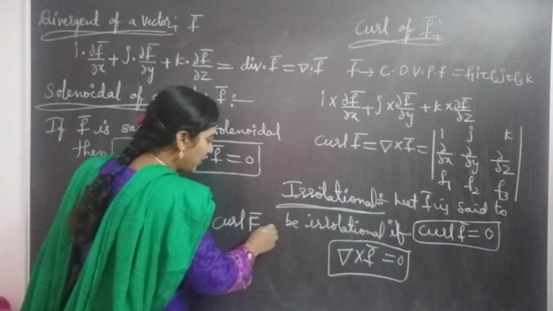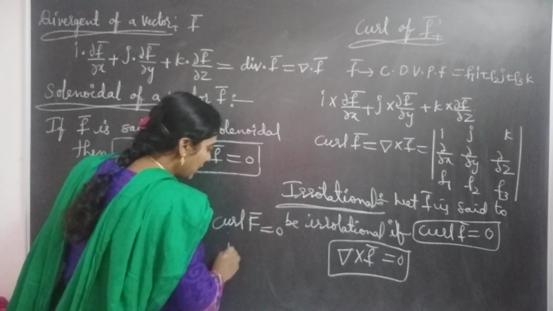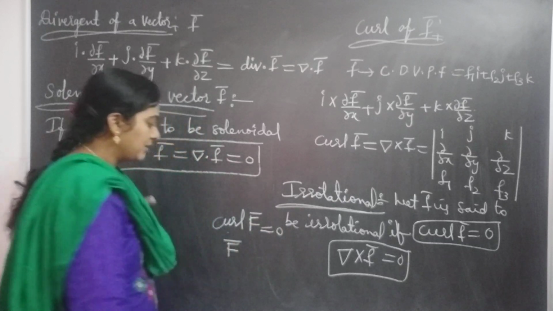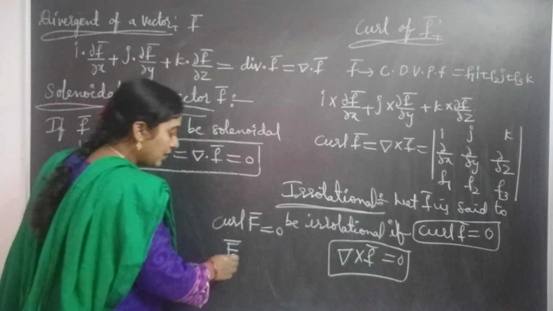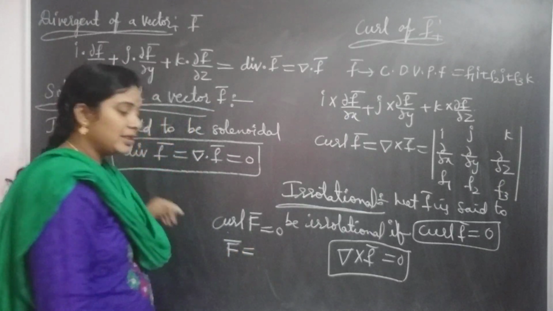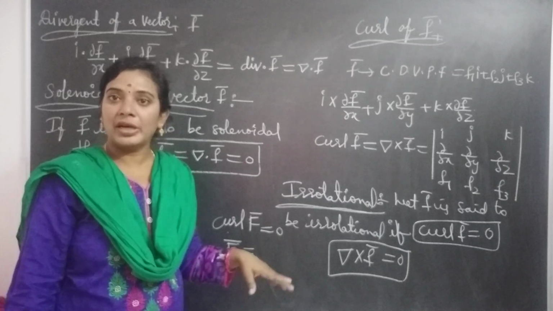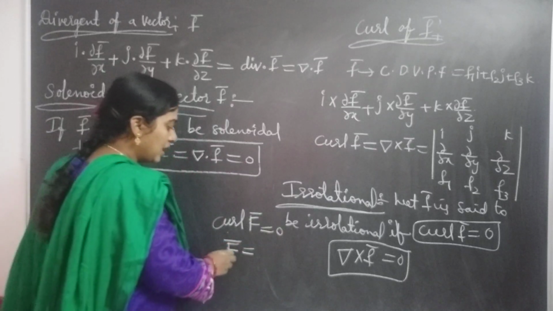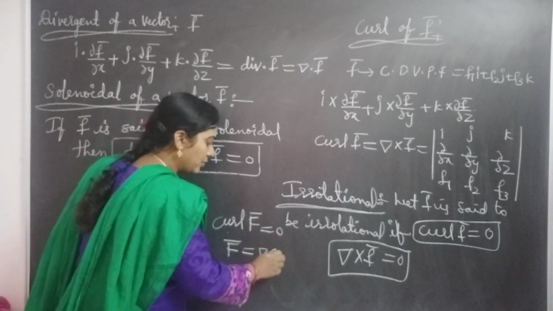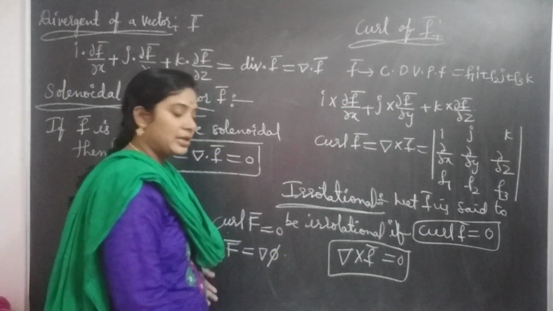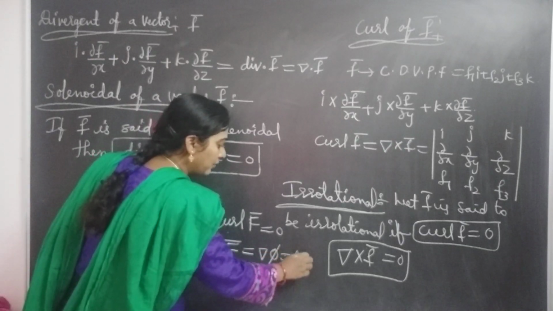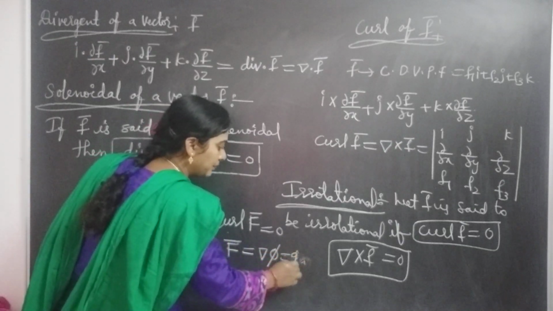If the curl F vector is equal to 0, then F vector is a conservative force, and in this case there exists a scalar point function pi such that F vector is equal to del pi. That is nothing but grad pi.